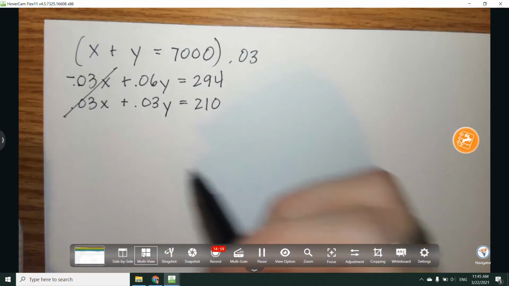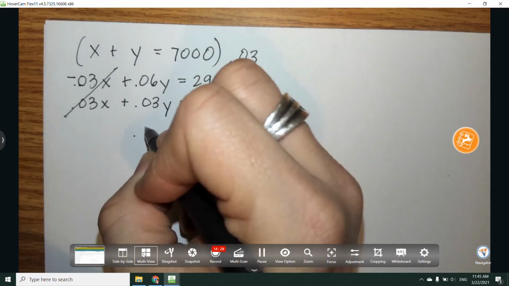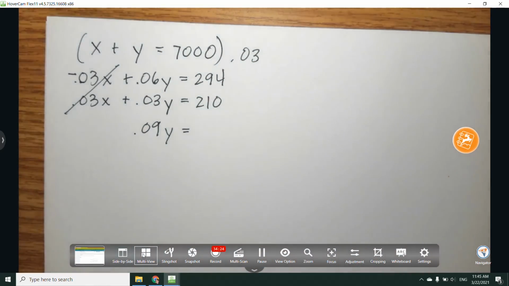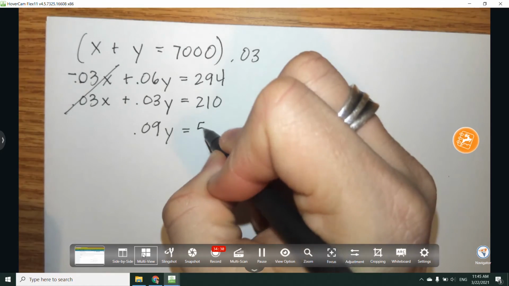So these cancel. This gives us 0.09 y. 210 plus 294 is 504.